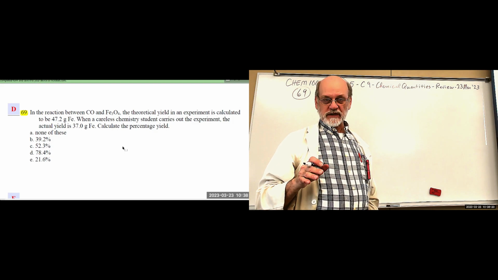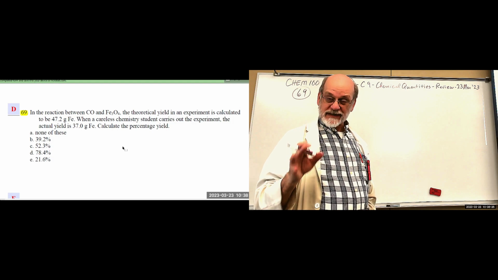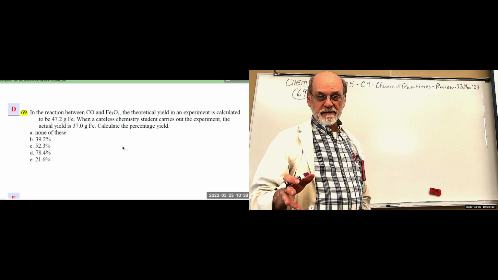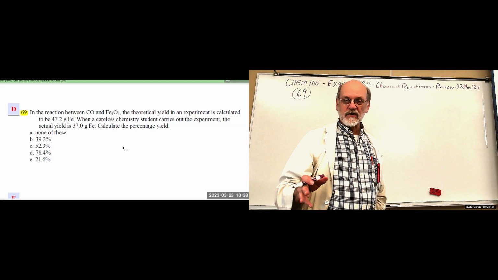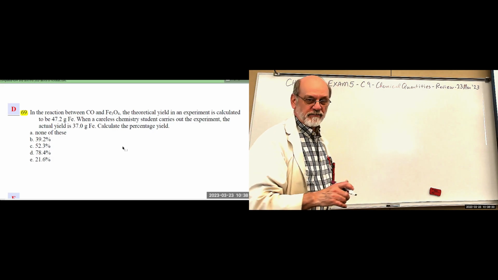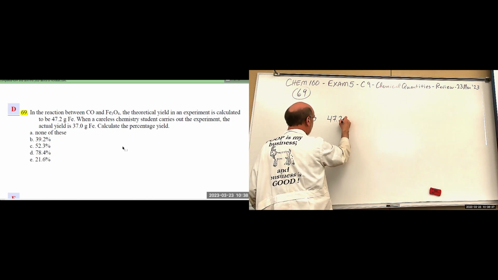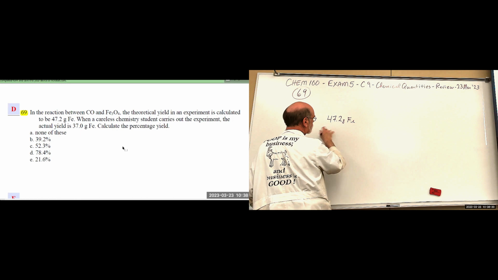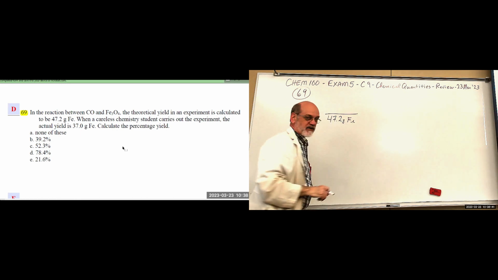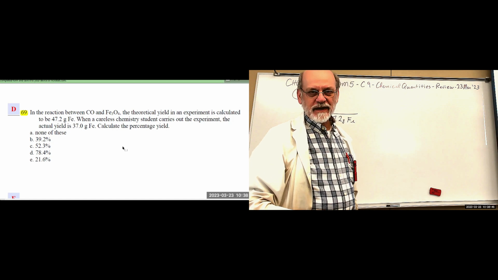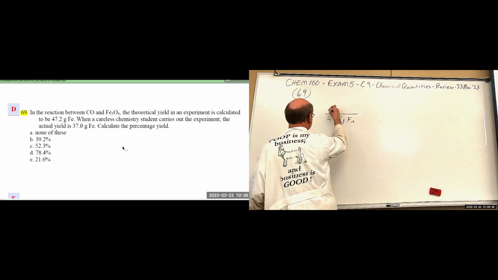Then we're given the actual yield. In fact, you don't even need to write the equation for this one. The theoretical yield is calculated to be 47.2 grams of iron. The actual yield from this careless student is 37 grams.